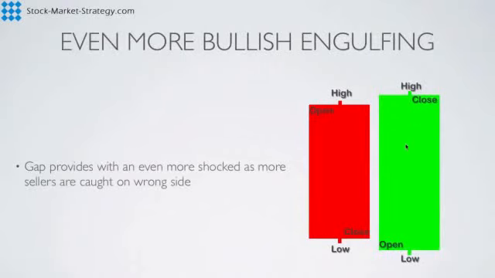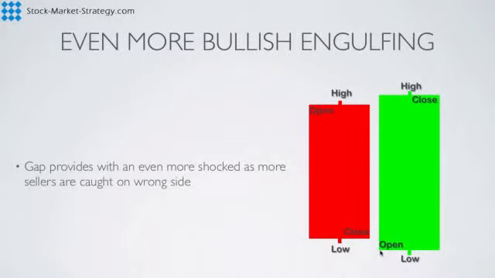Here's an even more bullish engulfing, because it does not just shock people like the other one, it shocks them even more. Why? Because we gap down the day after, and all these sellers here are seeing even more profit, and they feel that this gap down is what they really needed for this stock to drop.